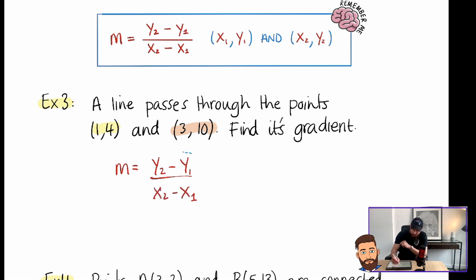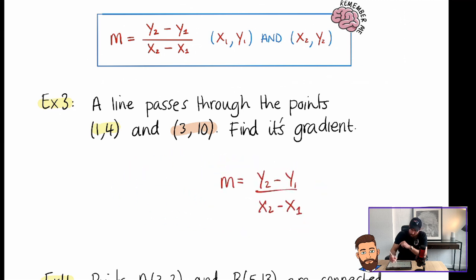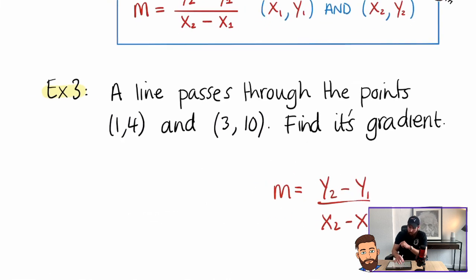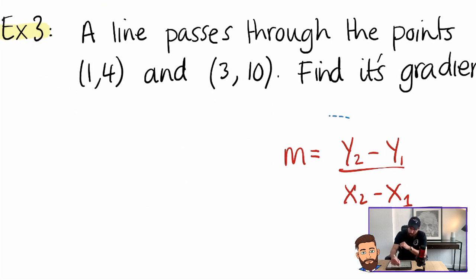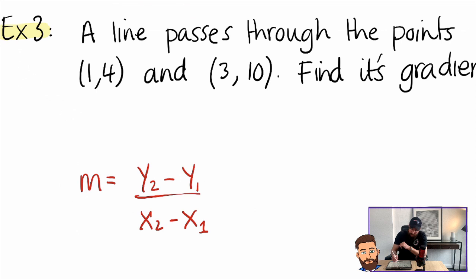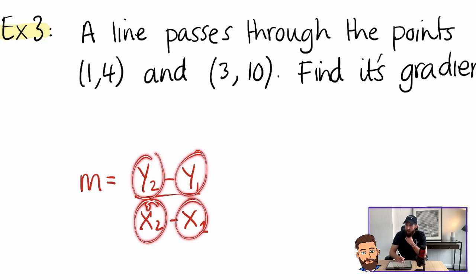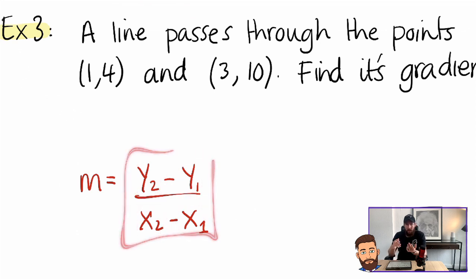Now, where do we get these numbers from? Where are we going to get y2, y1, x2, x1? Well, we are going to look at our coordinates. The first thing you're always going to do, once you've written the formula down, you're going to label your coordinates. We need an x1, a y1, an x2 and a y2, don't we? If we look at our formula, we need 2 y coordinates and 2 x coordinates.